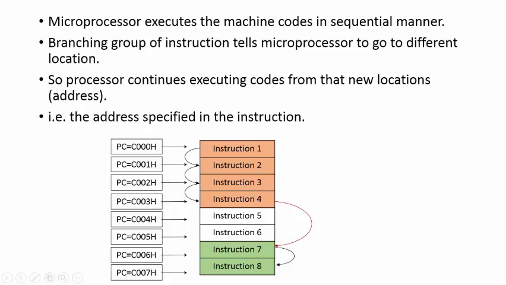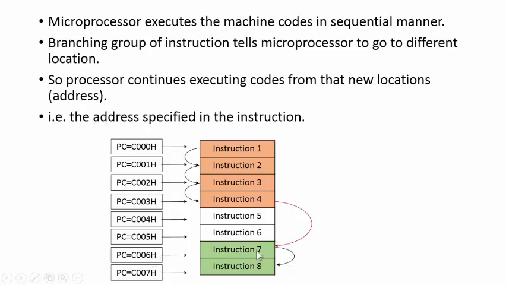Sometimes, depending on the application or the user requirement, the user may want to change the execution sequence. As I said, the instructions get executed one by one: instruction 1, then instruction 2, instruction 3, instruction 4. Suppose he or she wants to change the program sequence after the execution of instruction 4, starting from instruction number 7, that is from the new location C006H.